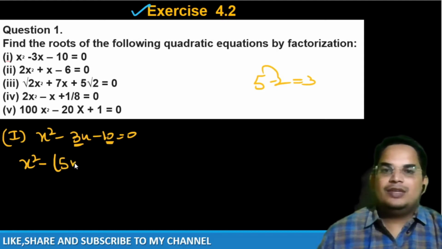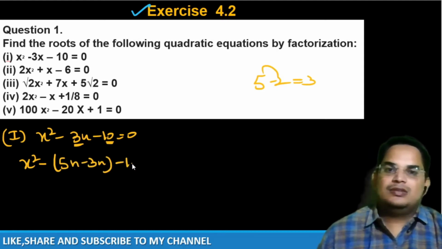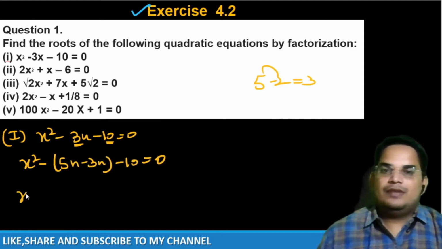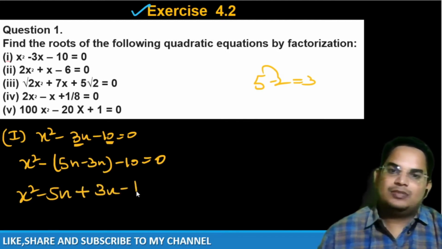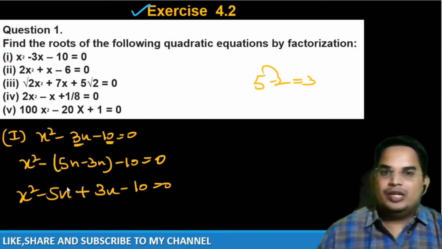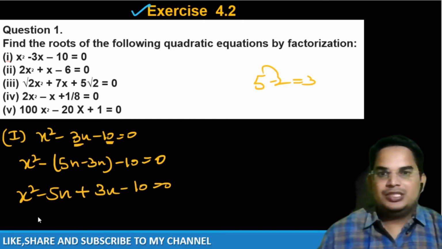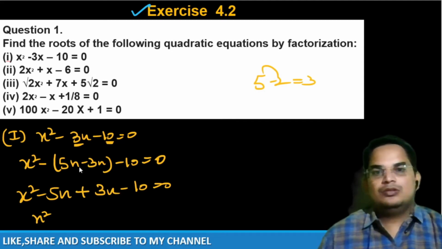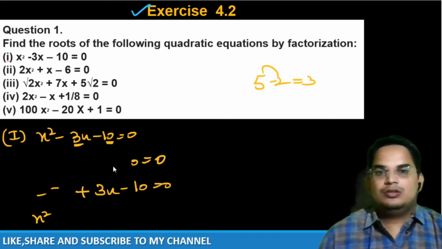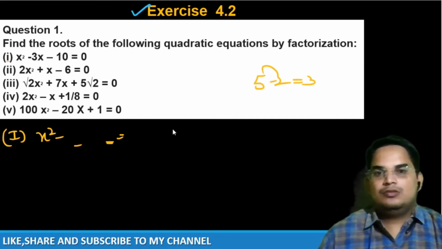So you can write x square minus 5x plus 2x minus 10 is equal to 0. Children, you can do one thing, write it like this. Okay, fine. Just a second, children.